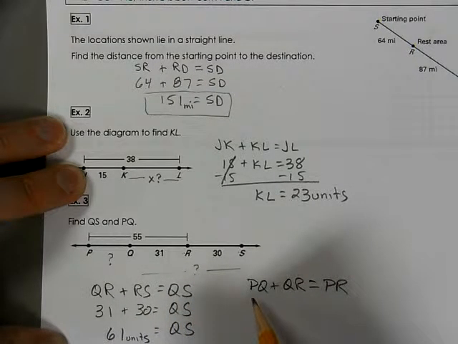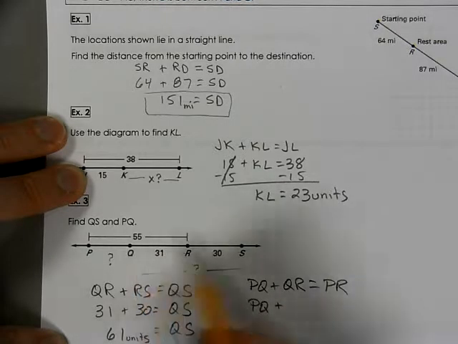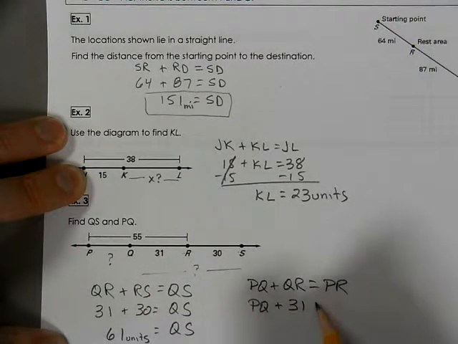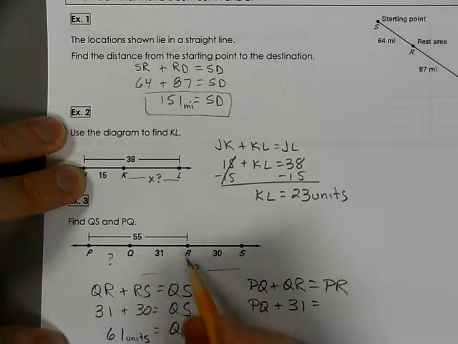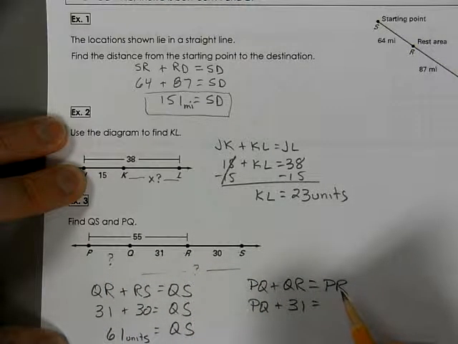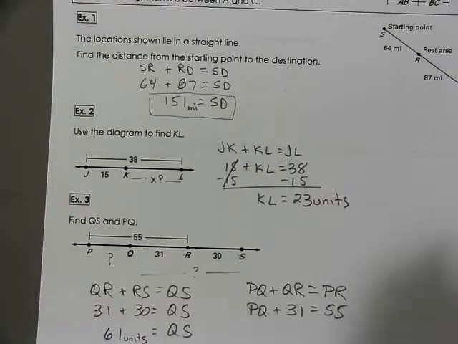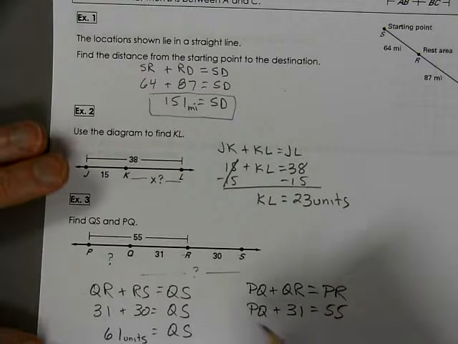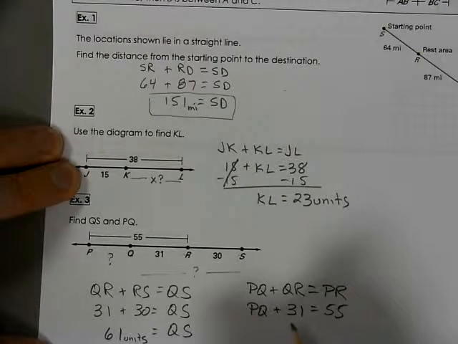PQ is what we still don't know. You could put an X in there or just label it PQ. QR is 31. And we also know the other variable, which is the length of PR, which is 55. So now we're looking for the value of PQ. This is just a basic algebra equation.